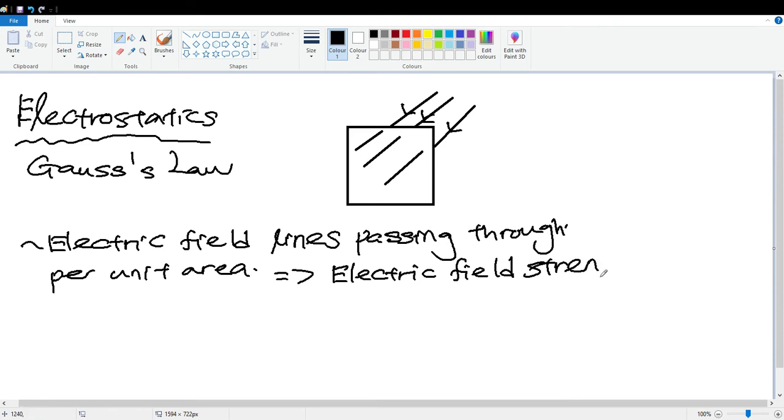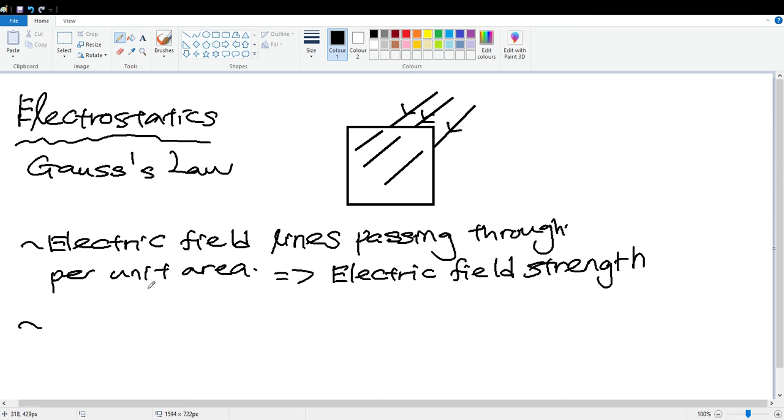So electric field strength in this case is the number of electric field lines passing through the metal plates per unit area.